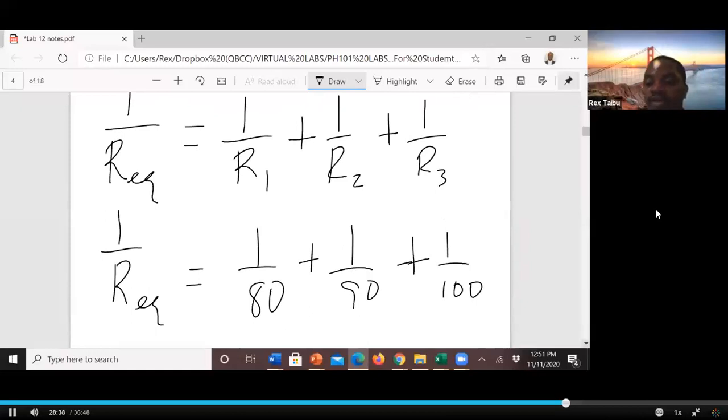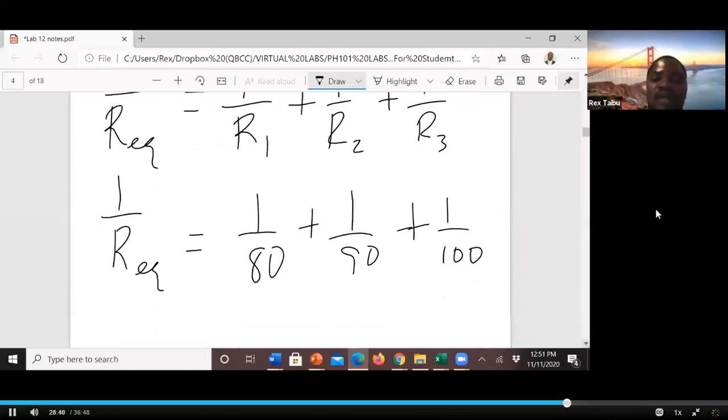From here, you can do your calculations and find REQ using your calculator, or you can use an online calculator. Let me show you. We can find equivalent resistance using an online calculator. So go to Google and search for equivalent resistance.